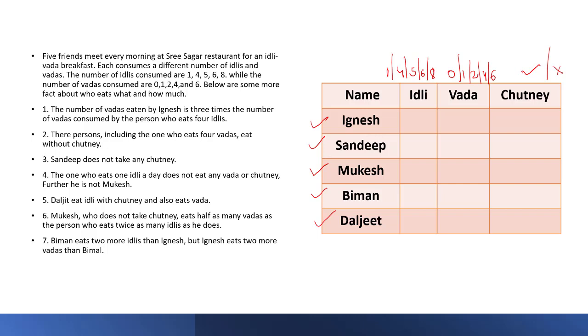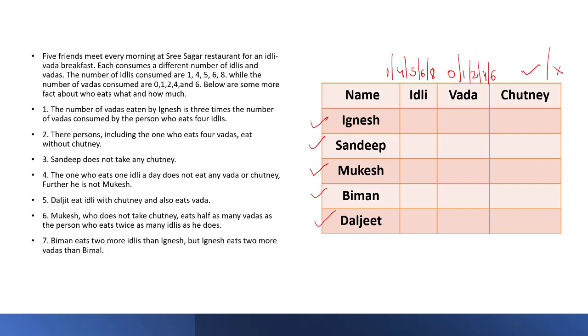Reading the first point, the number of vadas eaten by Ignesh is 3 times the number of vadas consumed by the person who eats 4 idlis. Now, if you look at the numbers assigned to vadas, 0, 1, 2, 4, 6, because the number of vadas eaten by Ignesh is 3 times another number, that can only be possible with 2 and 6.